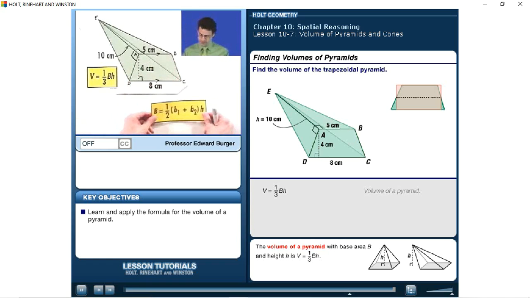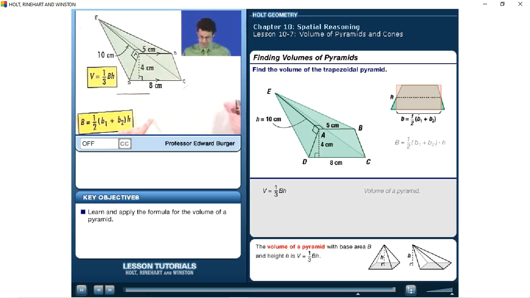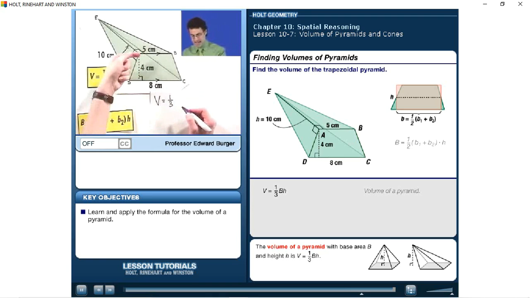Now, how do you write that down for real if you want a formula for it? I would never memorize the formula, but here it is. It's the sum of the two lengths of the parallel sides divided by 2, that's the average part, times the height. In any case, we can now figure it out. So here we go. The volume of the whole thing is 1/3 the area of the base. For the area of the base, we take the average of these two values, 8 and 5.